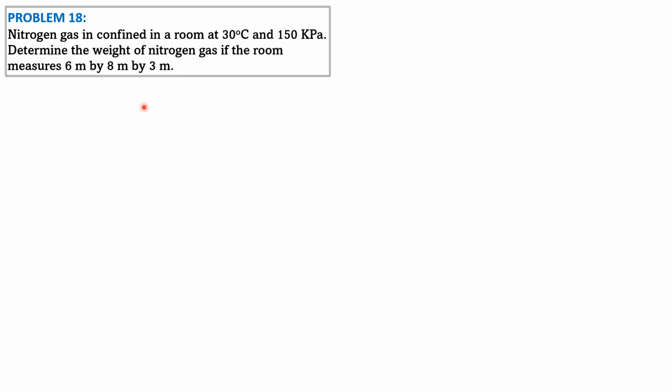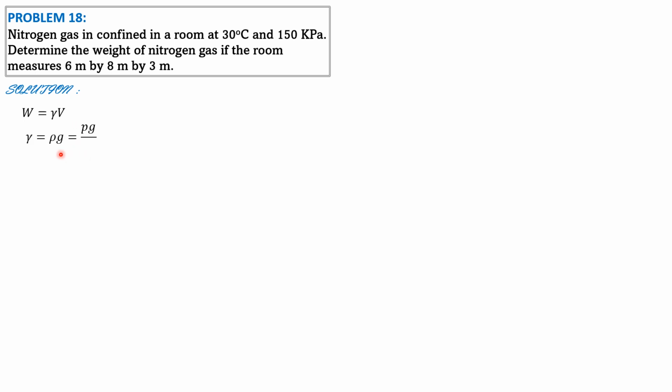So the weight of nitrogen gas in the confined room is the specific weight of nitrogen gas times the volume of the room, which is 6 by 8 by 3. So we need the specific weight, which is equal to pressure times g divided by gas constant of nitrogen times absolute temperature. So weight equals specific weight of nitrogen gas times volume.